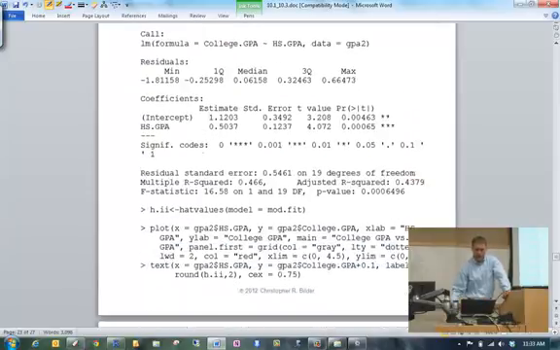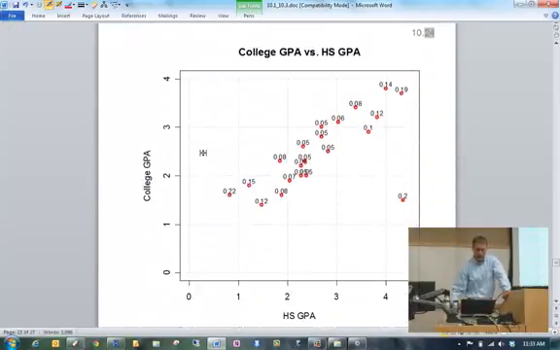I estimate my model, and then I plot my observations here, with the observation numbers right above them. Using the text function in R, I'll let you look at the details on your own, I actually plot the hat matrix diagonal values.